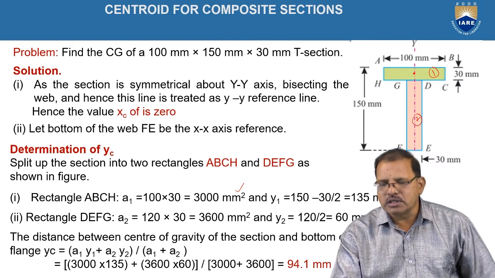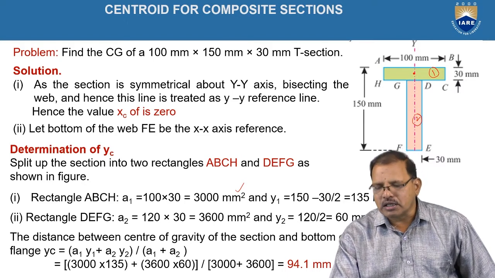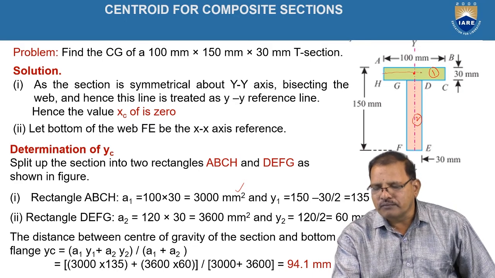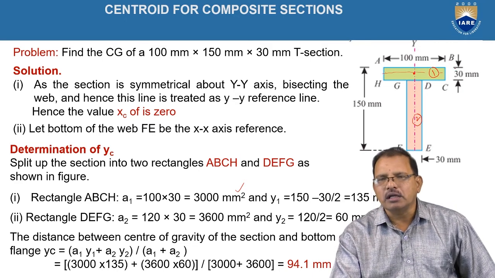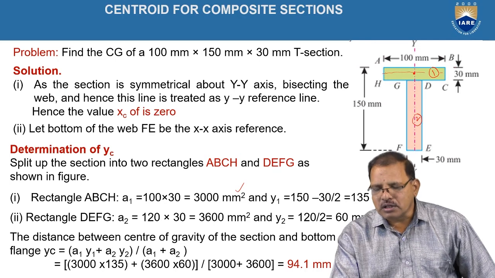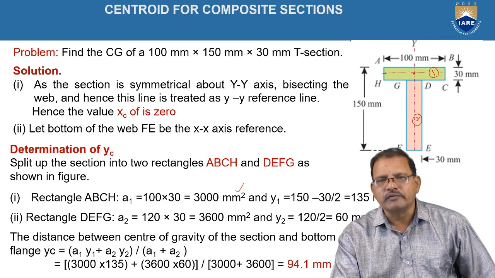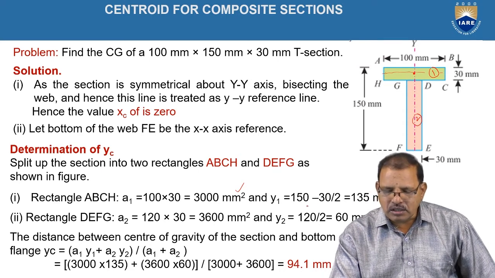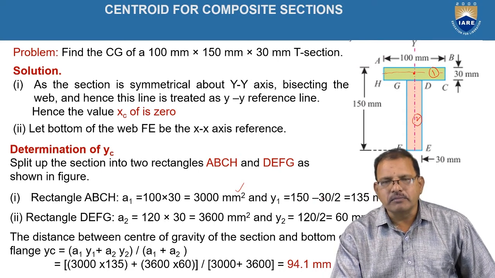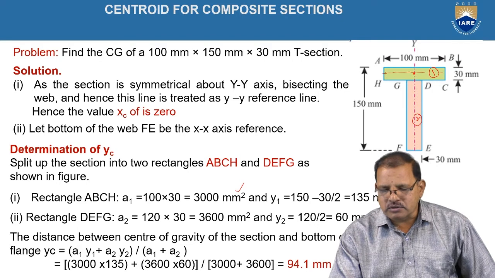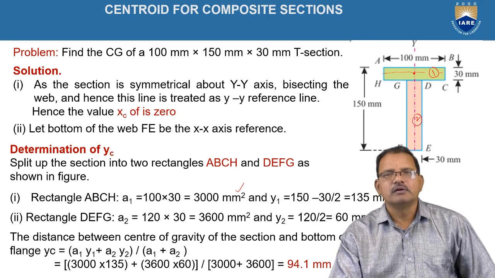The centroid always lies at the intersection of the diagonals, or at the midpoint of the width, which is 30. That means the total height 150 minus 15 is equal to 135 mm. Here, Y1 is equal to 150 minus 30 by 2, which is equal to 135 mm.